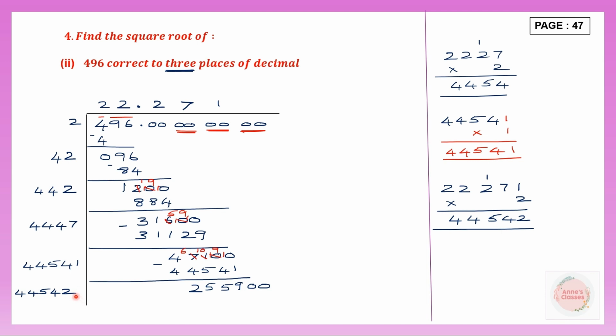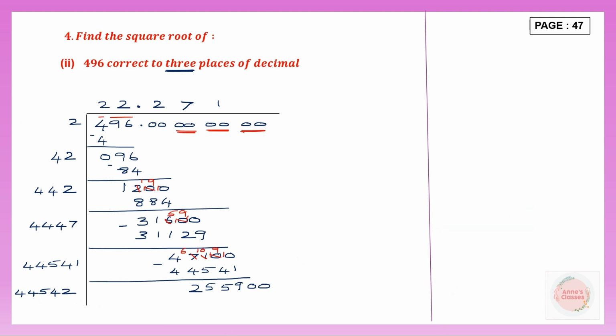And then when we multiply by it, we should get a number close to this. So let's take this number and write it down here. The number is 44,542. What can I write next to it so that I can multiply with it and get this number? So let me write 1. Let me try with 1 itself into 1. So when I multiply this number by 1, I get back the same number, isn't it?